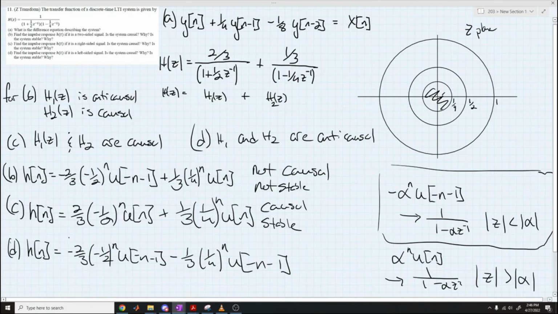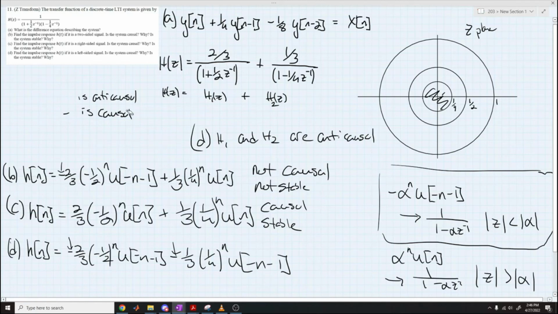And that's where these minus signs come from, there and there and there. The minus sign on the 1/2 is because if we take 1 over 1 plus 1/2 z to the -1, that's the same as 1 over 1 minus 1/2 z to the -1.